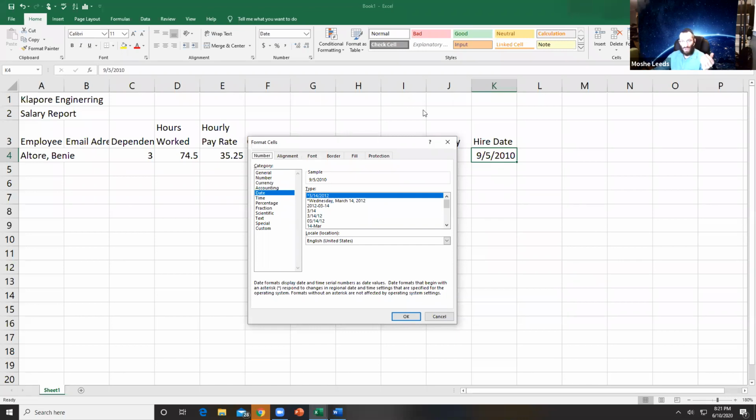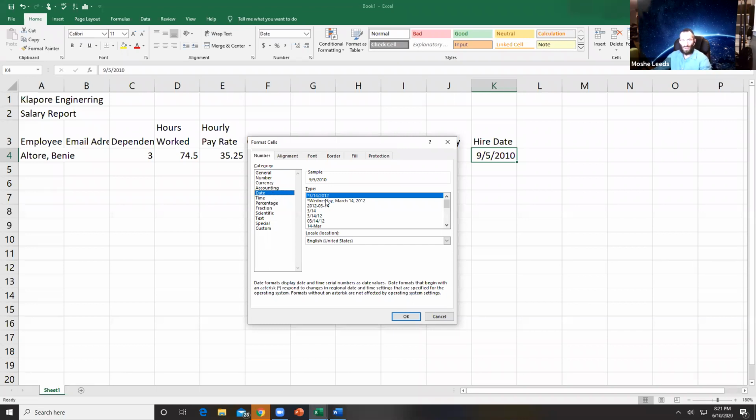So it converted, and if you look here on top, by the way, the formula is date. I didn't set it as date because this whole sheet was all general, but since I entered it in a date format, Excel automatically converted that cell into a date format. So now when I press format cells, it's already highlighted on the date category.